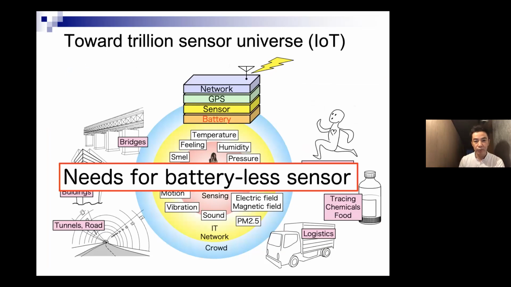If you want to put a trillion sensors on all the infrastructure or the human body, we would also need to change the batteries. So for these reasons, we are trying to convert the vibration from infrastructure or human motion into electric energy enough to operate sensors and send signals to the internet.